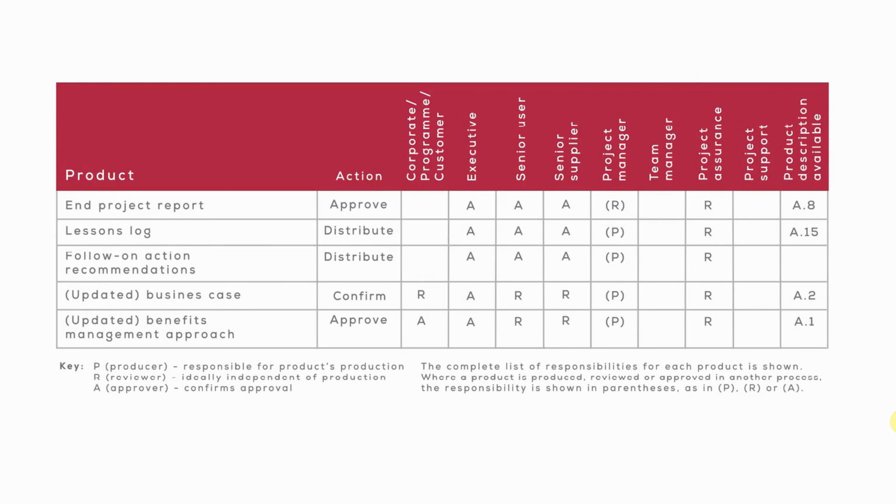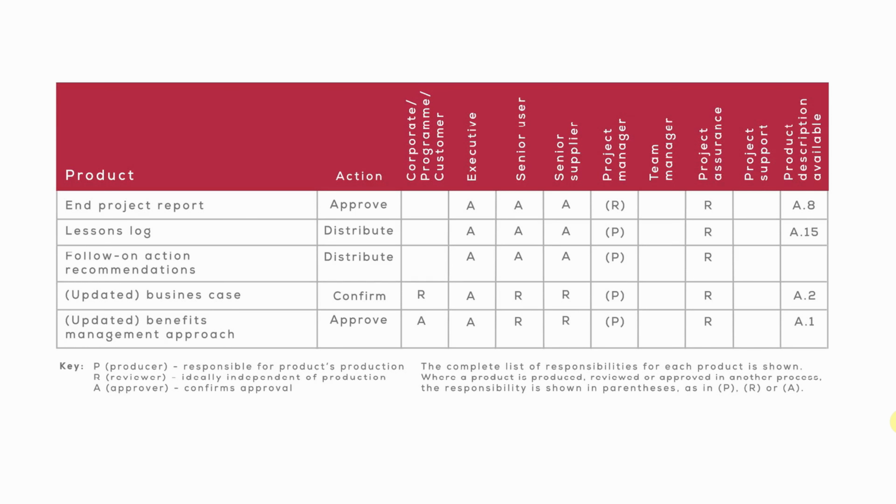And then the final updated version of the business case, reviewed by project assurance and approved by the executive, and a final version of the benefits management approach is now reviewed by project assurance, the senior user and the senior supplier, together with corporate program management of the customer, approved by the executive, and ownership of the benefits management approach is now transferred to corporate program management of the customer.